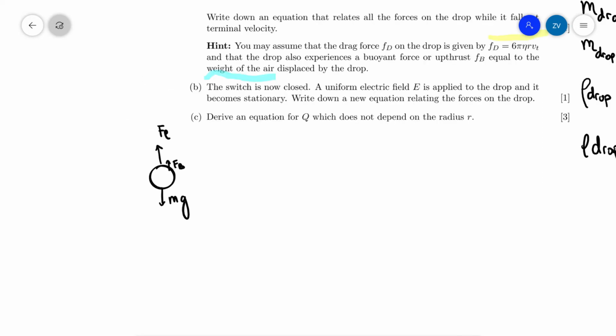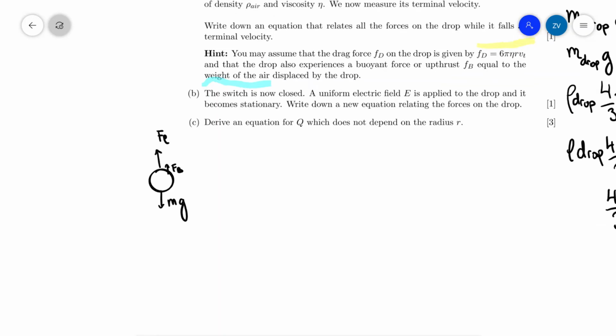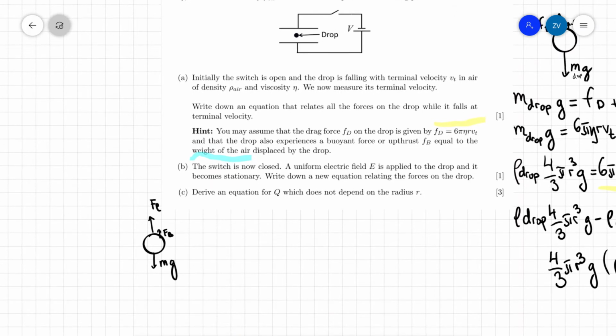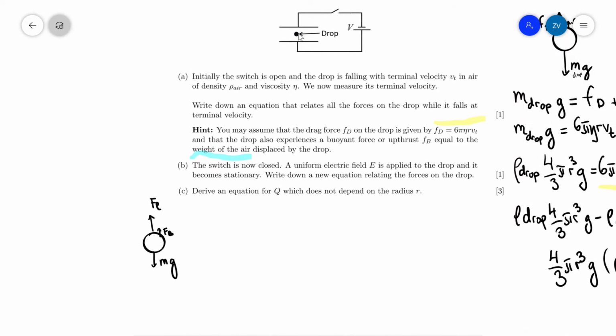Now in part B, the switch is now closed and we've applied the uniform electric field E to the drop. Because the drop is positive and the positive plate is here, this means that the drop will get attracted upwards. So there's going to be an upward electrical force.